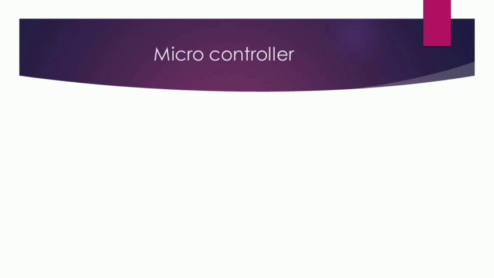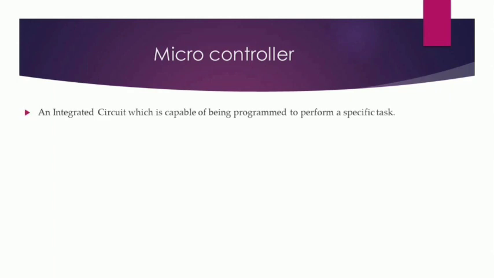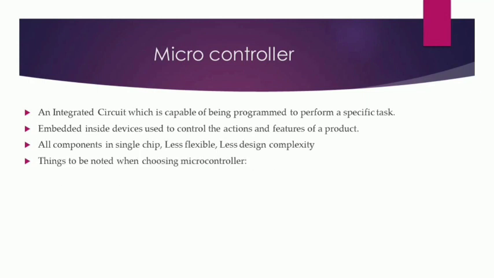We are going to move to the microcontroller. It is an integrated circuit which is capable of being programmed to perform a specific task. It is embedded inside a device to control the actions and features of a product. All components are in a single chip, less flexible, less design complexity.